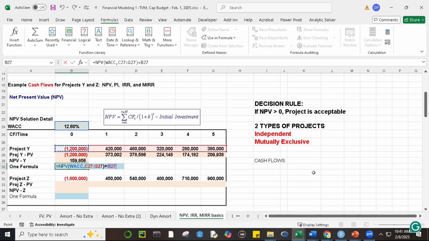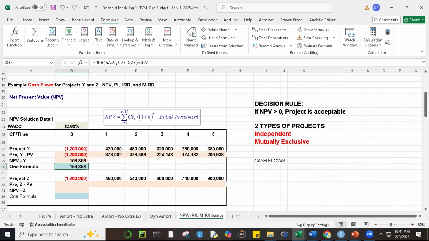Control Enter, there. Same thing. Kindly chat, please, if you were able to get that, or if you need help with something. Okay, good, thank you.